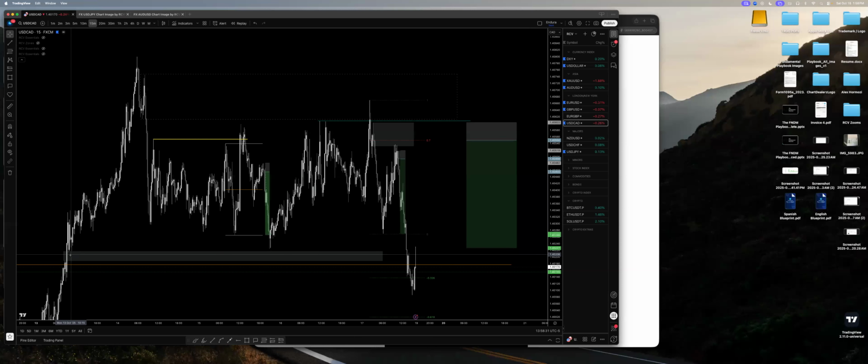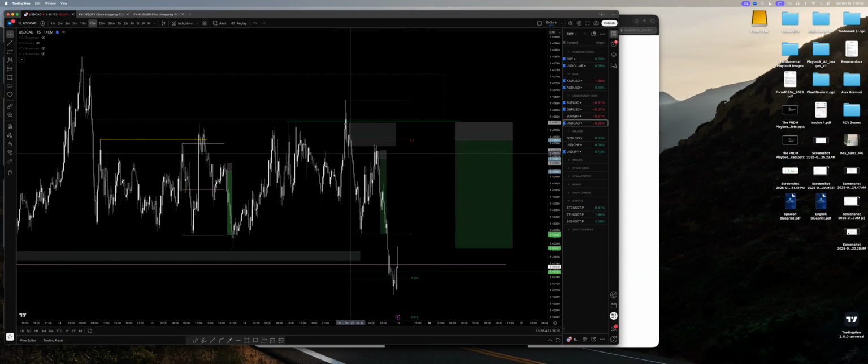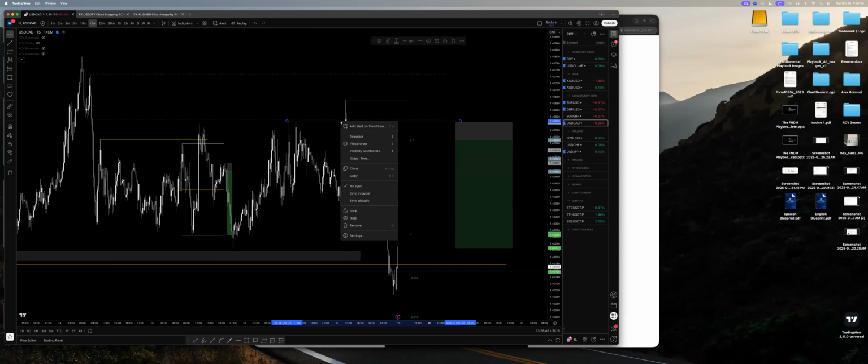And I was actually looking at a small inefficiency here. I just didn't know if we were going to tap and fill it, or if this was just going to sweep through or push through like it did. But anyways, what's important here is the fact that we had the potential, I would say, structural disruption.